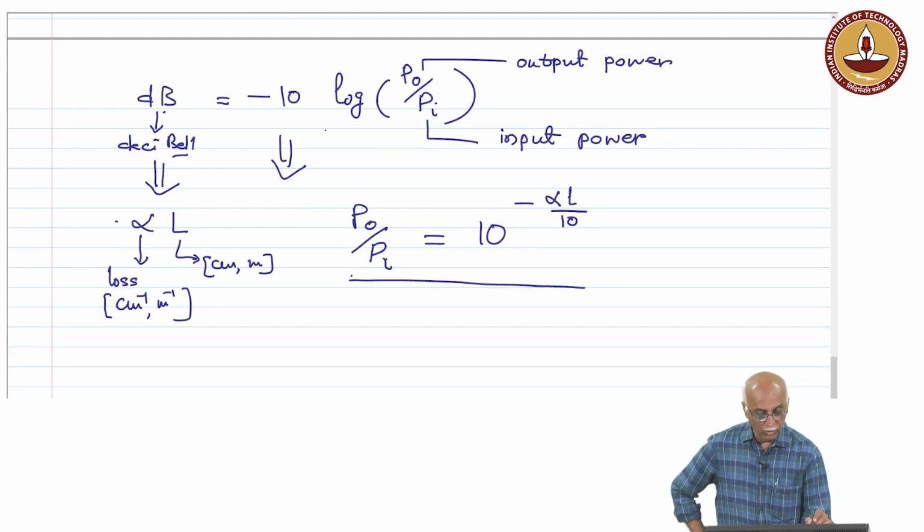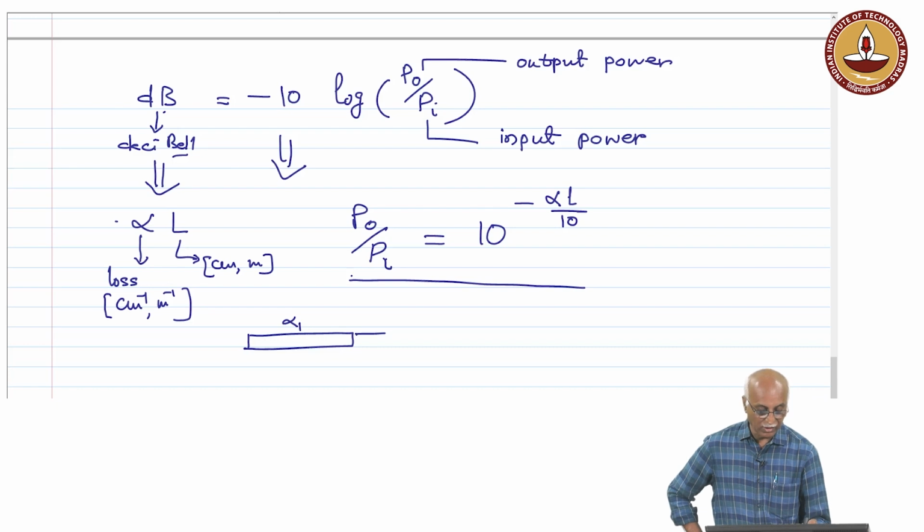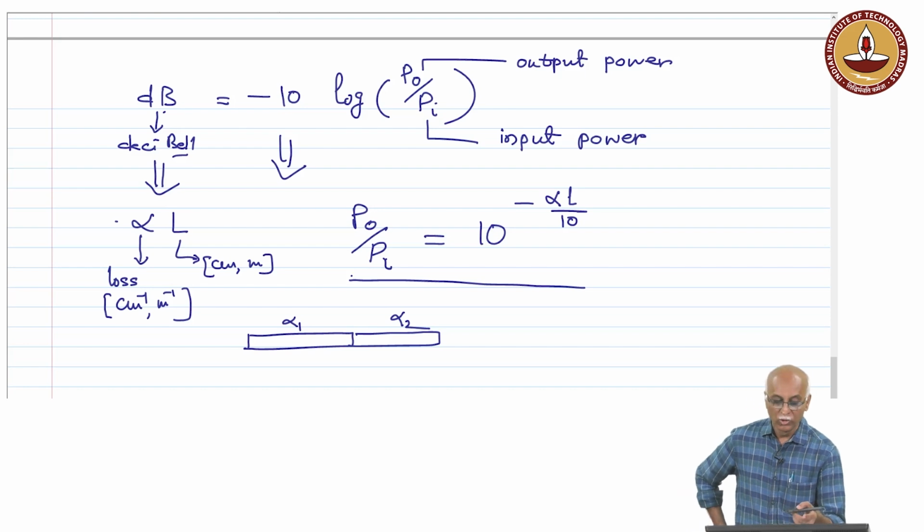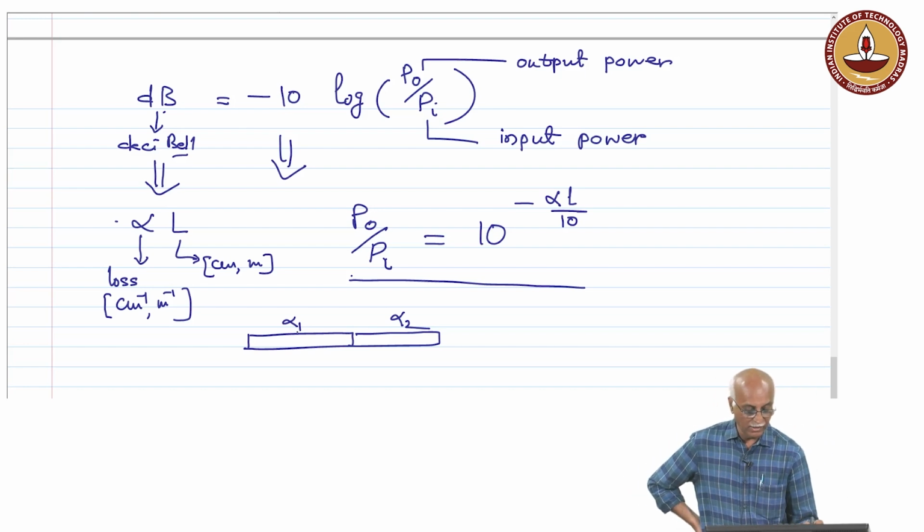If we use this form, we can easily add up the losses because of the logarithmic approach. Let us say light travels through one fiber with alpha 1 as the loss, and gets coupled with another fiber with alpha 2 as the loss. Basically the total loss is alpha 1 plus alpha 2, because logs add up when you multiply. So, losses can easily be added up.